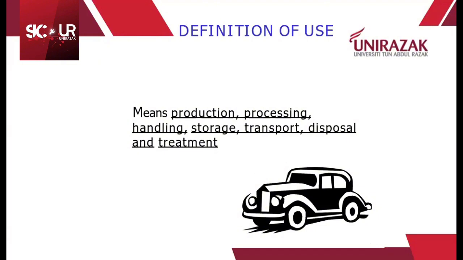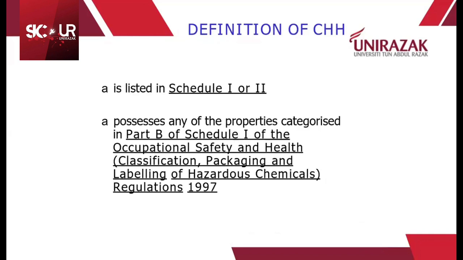Alright. Next, kita tengok definition of use. Use means production, processing, handling, storage, transport, disposal, and treatment. Manakala CHH ataupun chemical hazardous to health is listed in Schedule 1 or 2, or any chemical categorized in Part B of Schedule 1 of the Occupational Safety and Health (Classification, Packaging, and Labeling of Hazardous Chemicals) Regulations 1994.